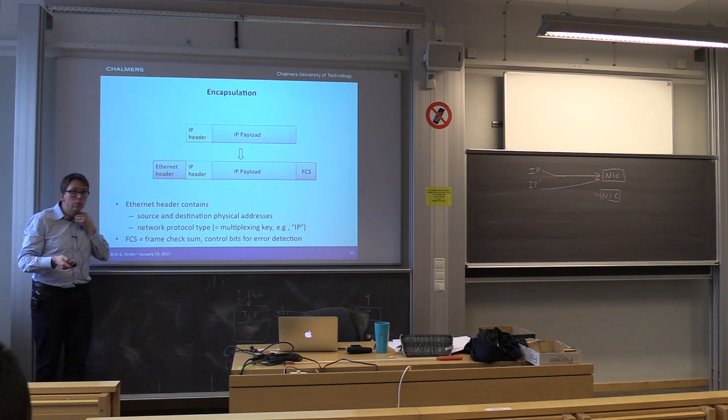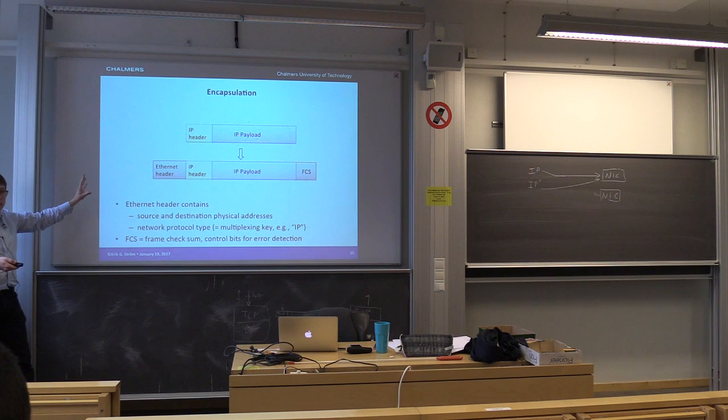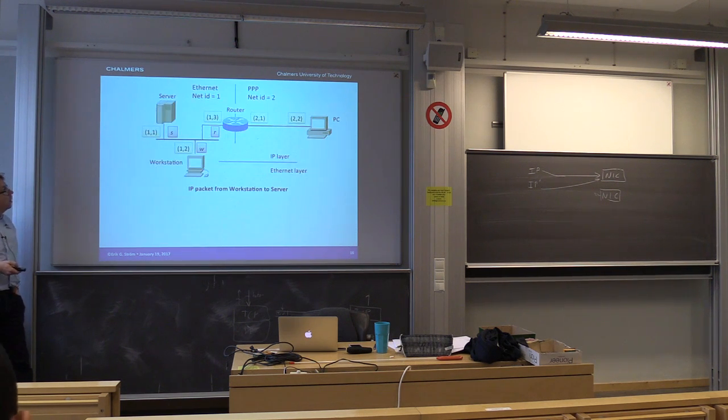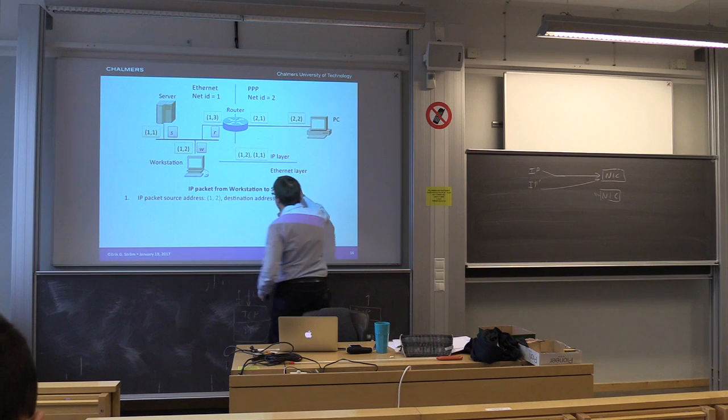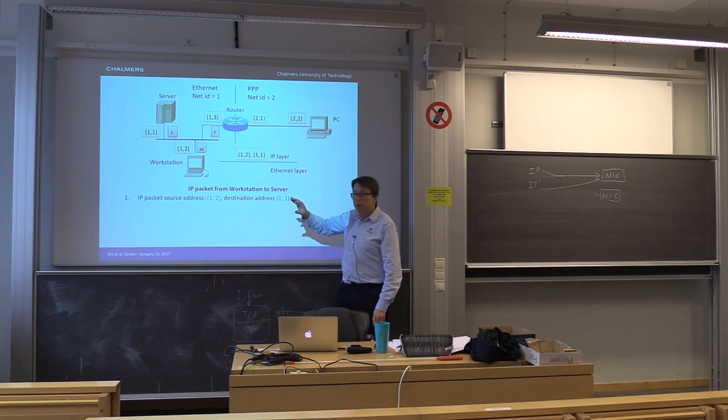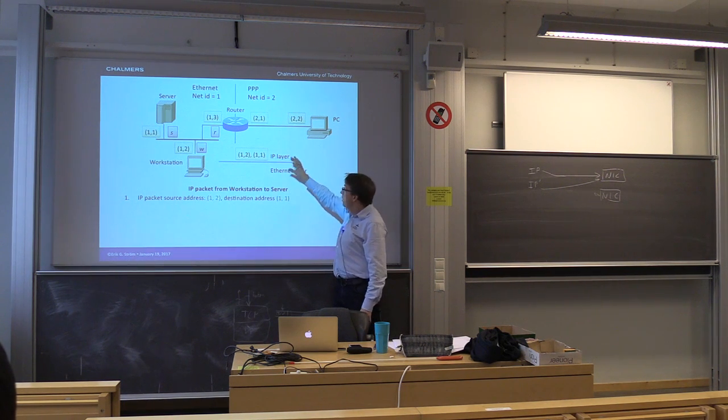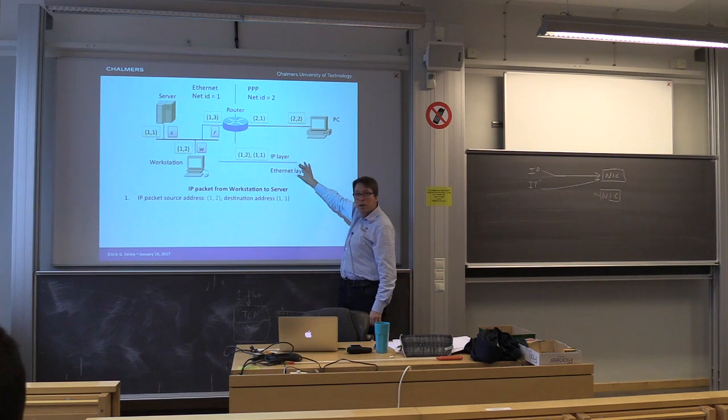Questions? No. So this is an example of this encapsulation process we talked about earlier. So let's see, if we want to send an IP packet from the workstation to the server, what's going on? Well, in the workstation, there is a protocol stack. And it consists of many things, but what's relevant here now is the IP layer and the Ethernet layer.